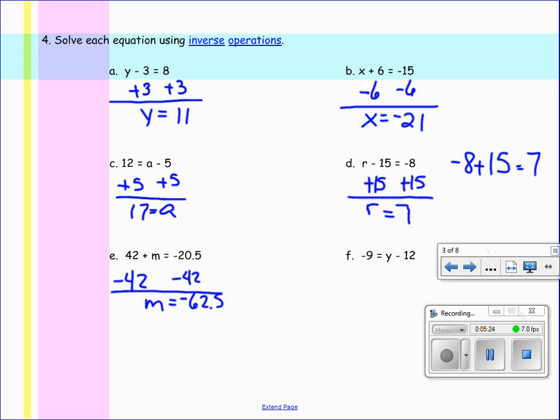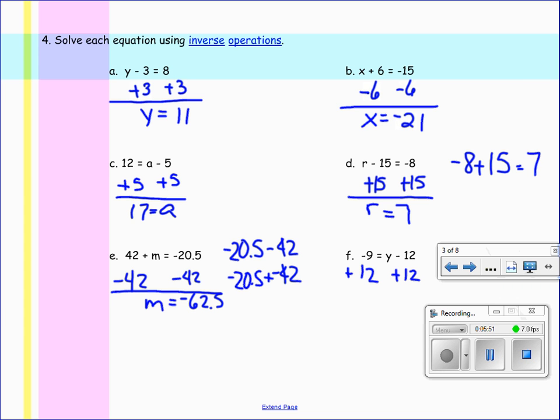If you need to come out to the side and work it, you can. And last example on this page, I'm going to add 12 to each side.